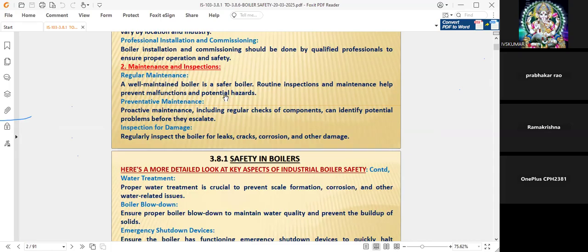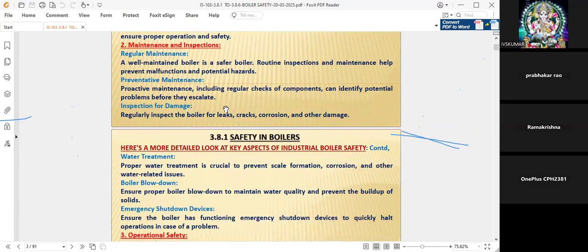Preventive maintenance means there is a schedule, which will definitely be taken care of.